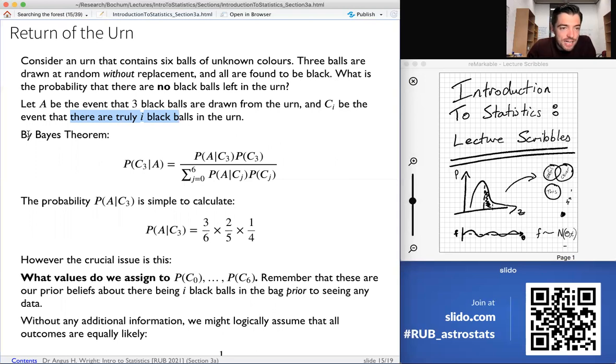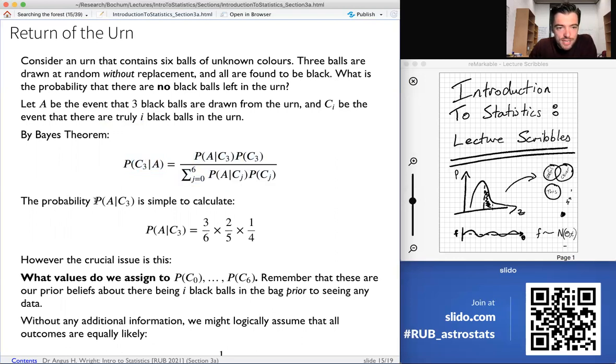And we can calculate using Bayes' theorem the probability of C3 given A, the probability that there are truly only 3 black balls in the urn, given that we have already observed 3 black balls. That conditional probability is just this, from Bayes' theorem.